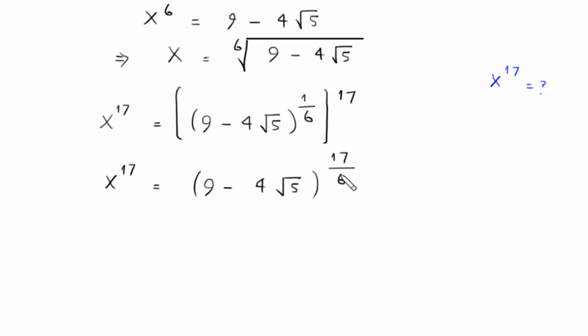Now 17 over 6 is equal to 2 plus 5 over 6, and this can be written as 2 plus 3 over 6 plus 2 over 6, which further simplifies to 2 plus 1 over 2 plus 1 over 3.